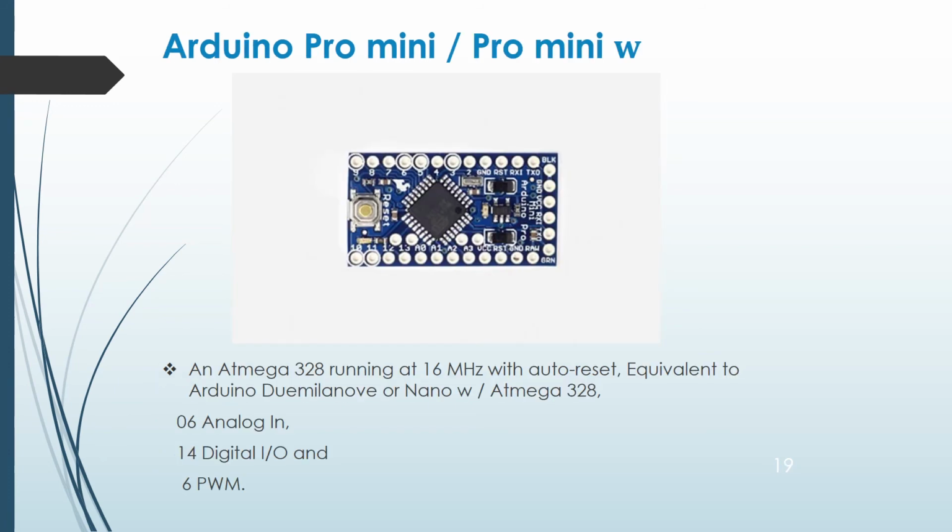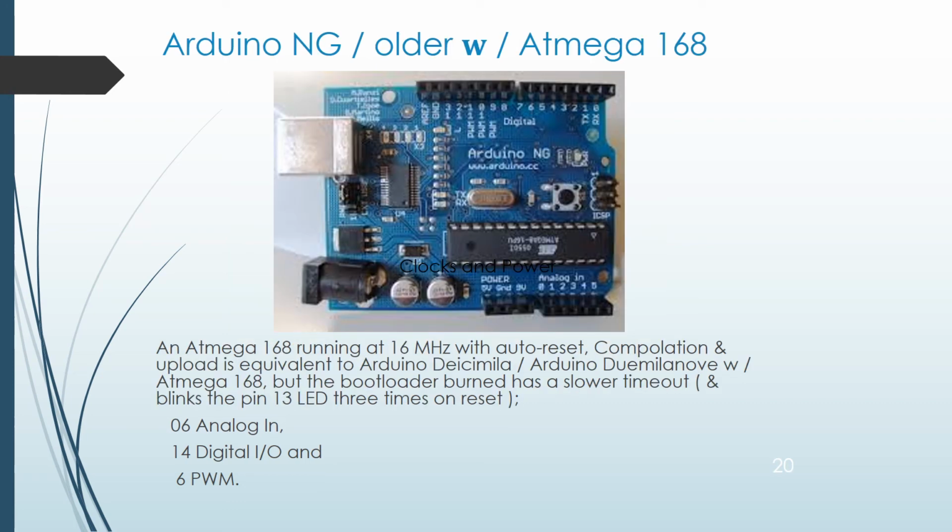Next, Arduino Pro Mini. The Pro Mini is an ATmega328 running at 16 MHz with auto reset, equivalent to Arduino Duemilanove or Nano, or it is also said to be ATmega328. It is having 6 analog input and 14 digital input output and 6 PWM. Next is Arduino NG, or older, with ATmega168, running at 16 MHz with auto reset again.